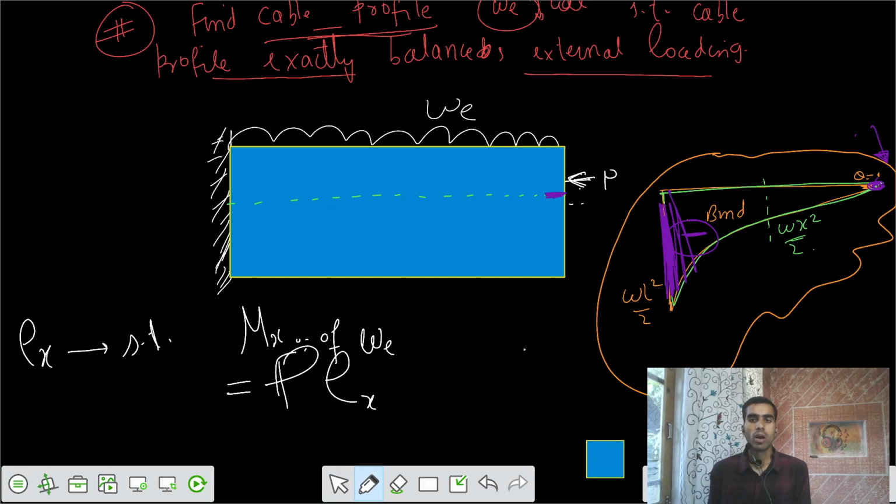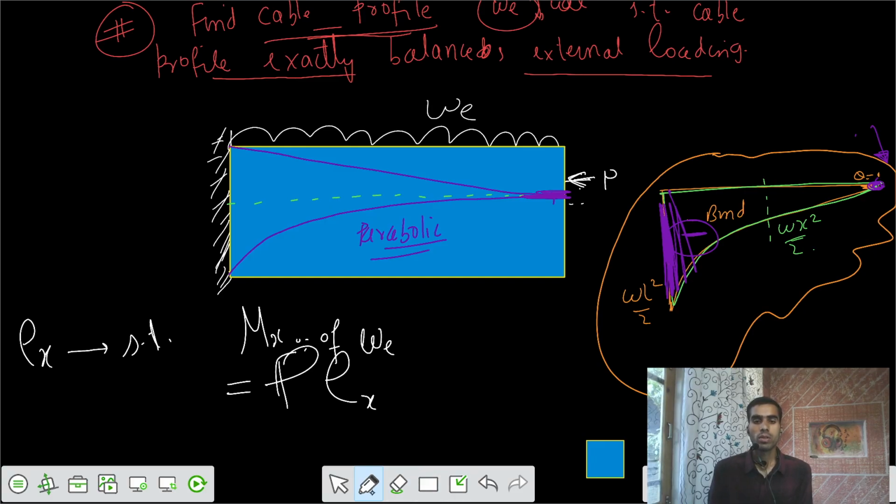Now I got one thing: the eccentricity at the free end is 0, and the cable profile is a parabolic variation. Either it can be in this way, or it can take this way. Now you tell me which of these is the best one that we can prefer, that would counteract the bending stresses caused by those external loadings.